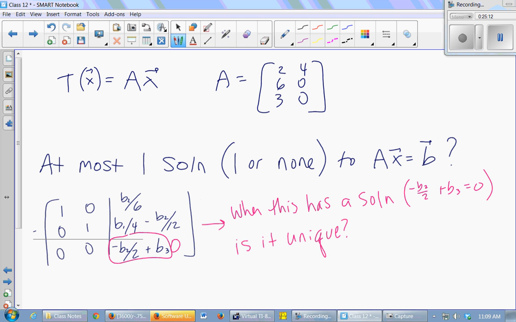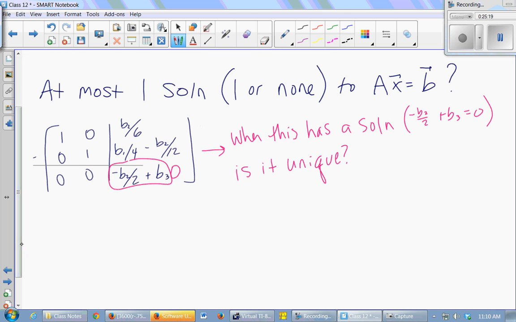You're right. Yes. I have this wrong on here. So what is telling you that it's unique? How do you know? Yeah. It says x1 equals this number, x2 equals this number, right? So it's unique. So it's the fact that there are no free variables, right? There are no free variables.